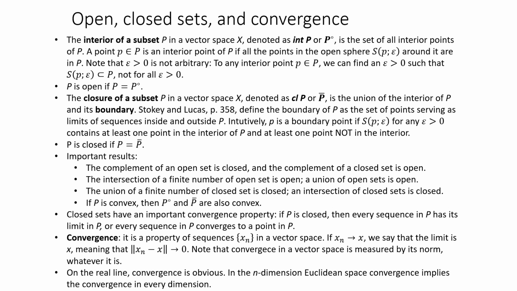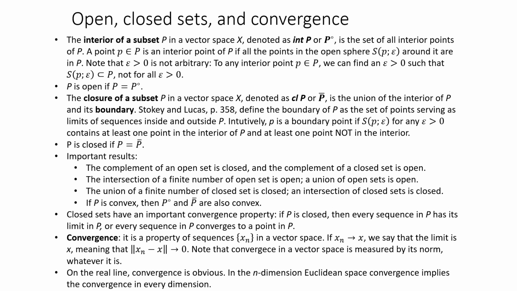Okay, so interior and closure of subsets. The interior of a subset is the set of all interior points of the subset. To define the interior of a subset, we need the definition of interior points. A point is an interior point if all the points in the open sphere around it with radius epsilon are in the same subset.